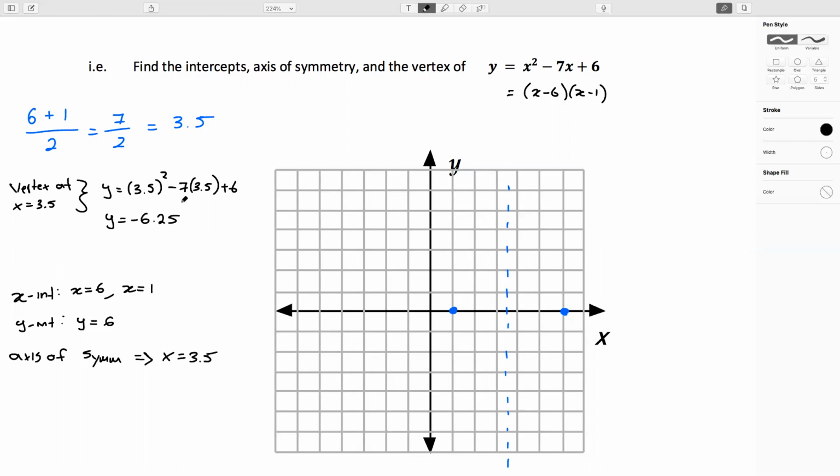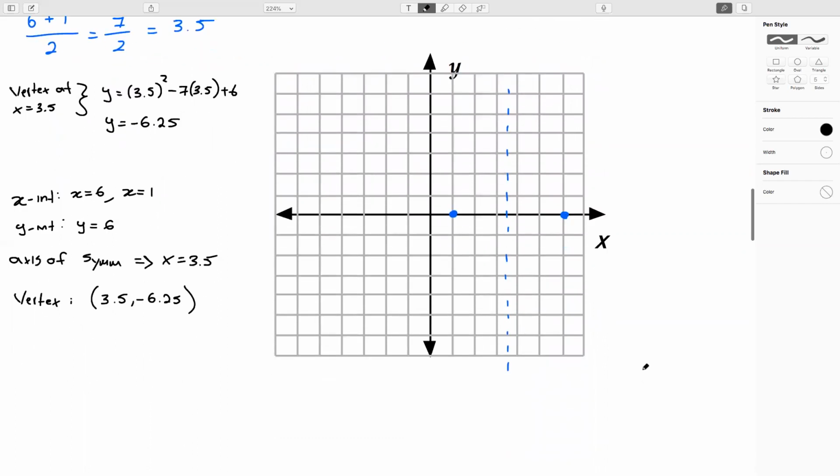What I've done is I've just found the y value at my vertex. I know the vertex is at 3.5, so if I plug it in, whatever I get out of it, that's my y coordinate. So I now know my vertex is at the point 3.5 and minus 6.25.